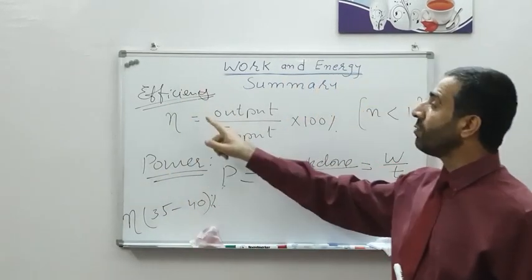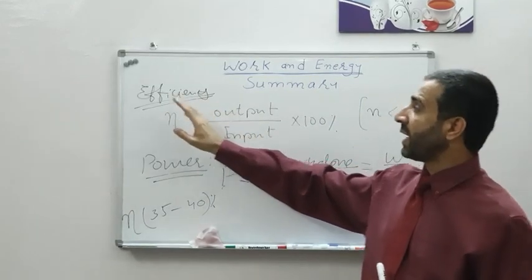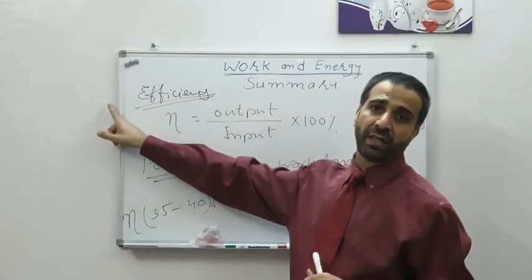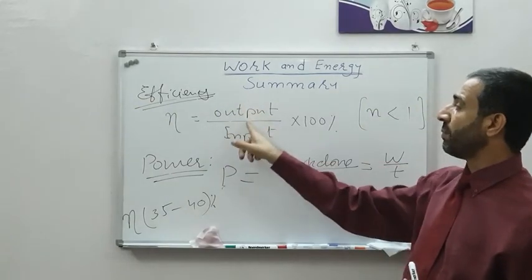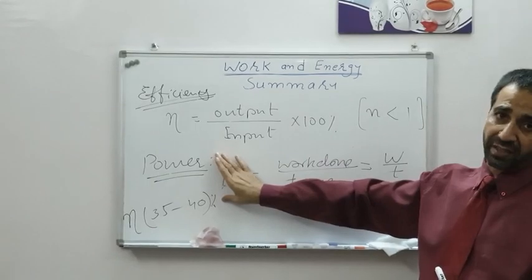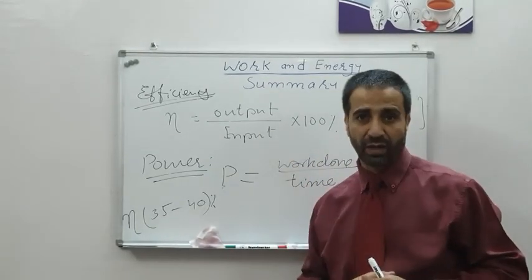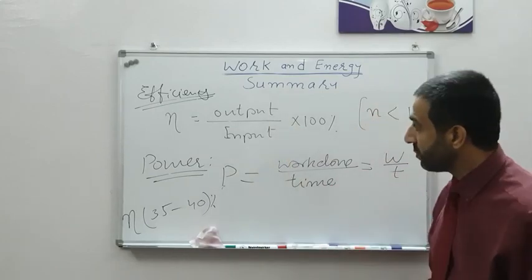Efficiency tells you how useful your machine is, how much of the input resources it can utilize to produce the maximum output, to waste less. Power does not care for that. Power tells how fast it can do a particular work. So that is the difference between the two.